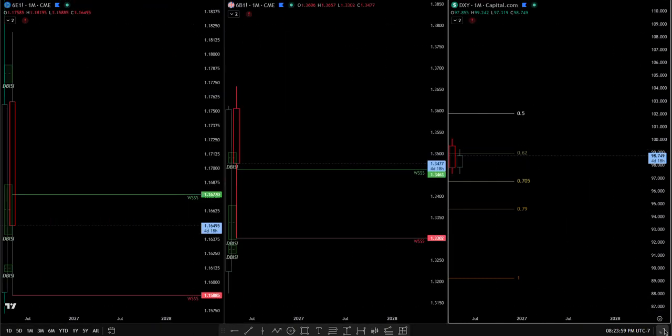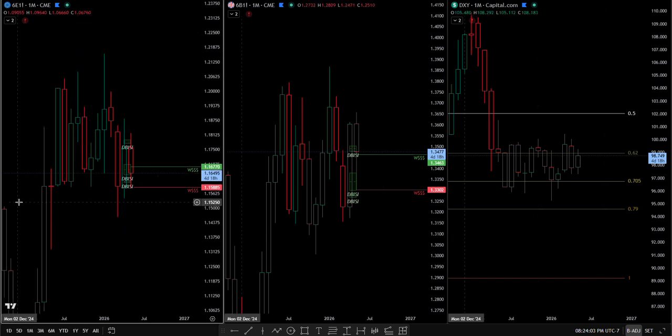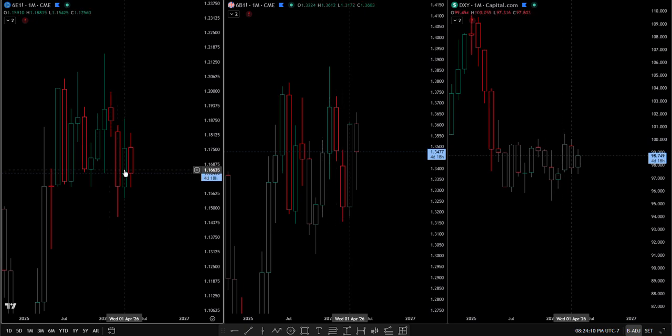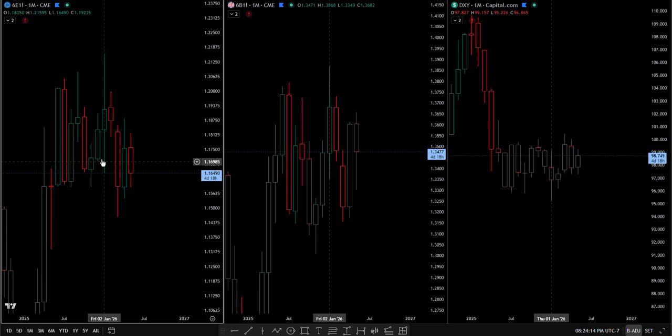So if we look at everything else, all right, let's take this off too. Right, we're just chopping sideways here. So if this were to go higher, then we'd expect the FX pairs to go lower.